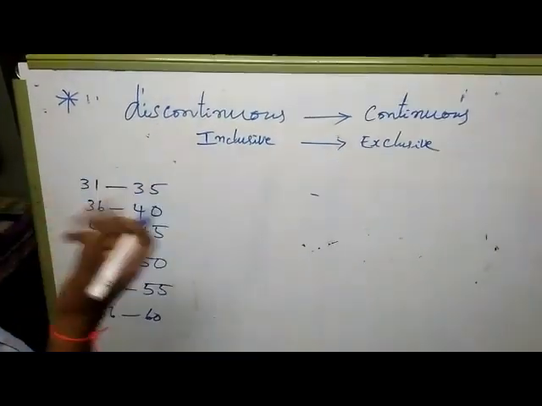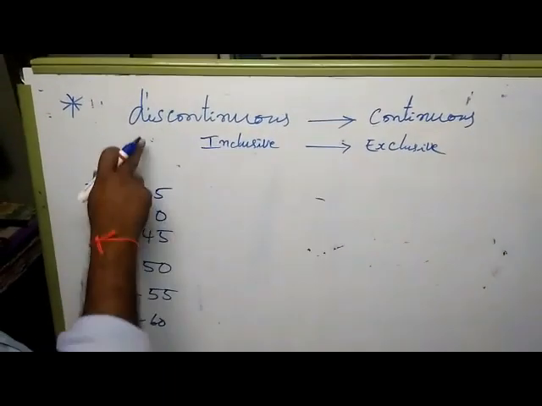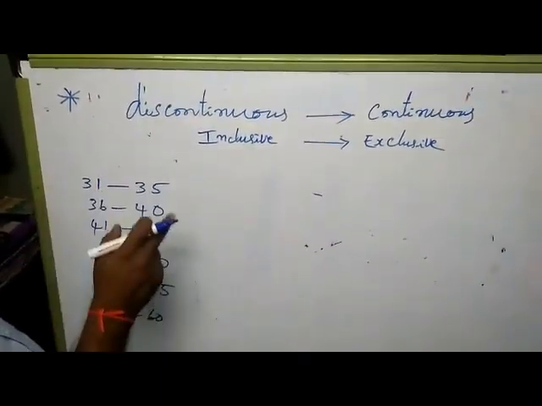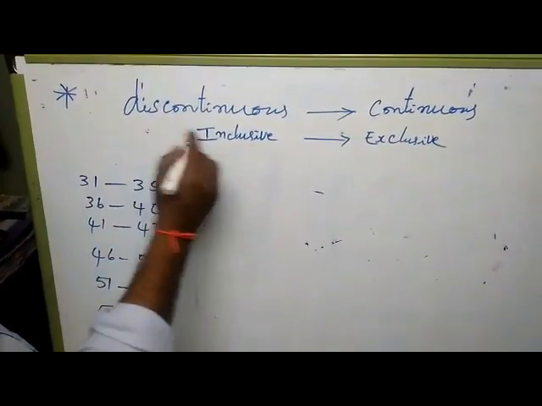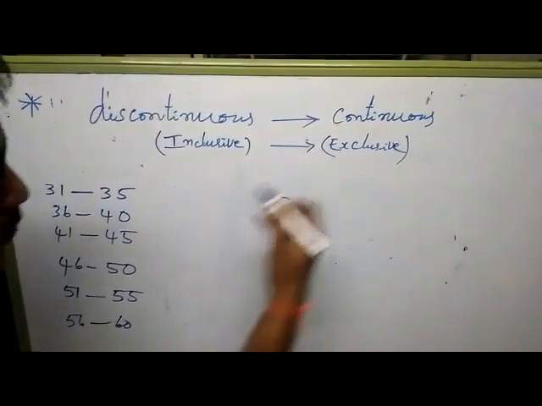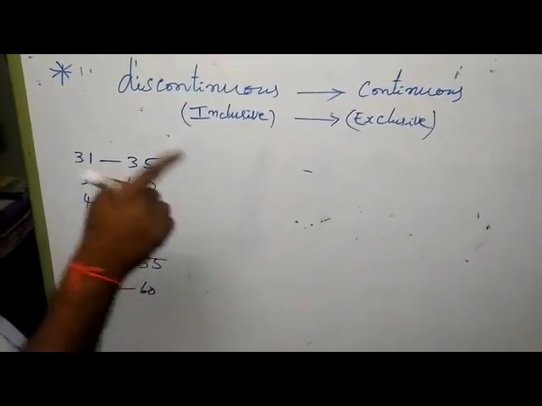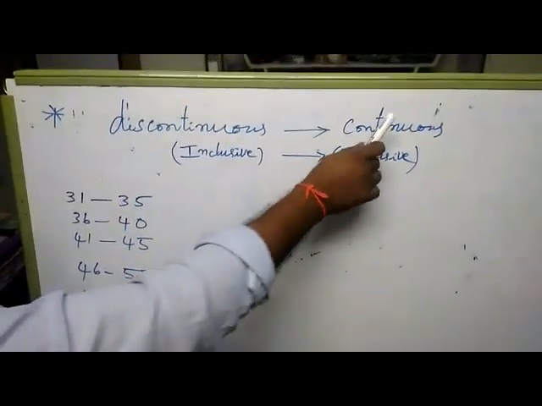Important point, already we discussed before in the classroom: how to convert a discontinuous, that is inclusive form, to continuous, that is exclusive form. The two tables we discussed before were in continuous form.